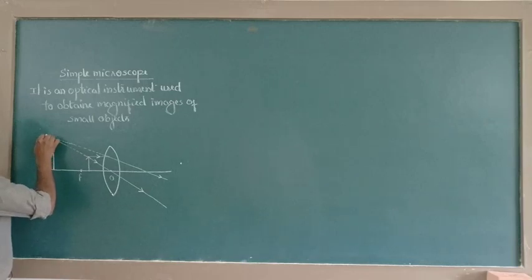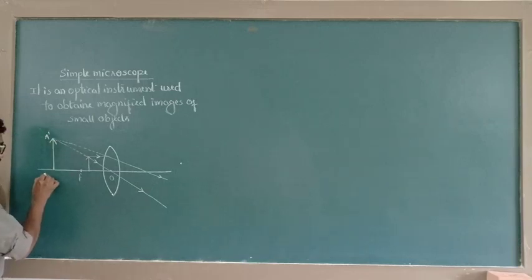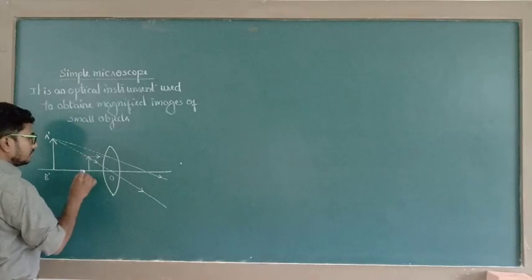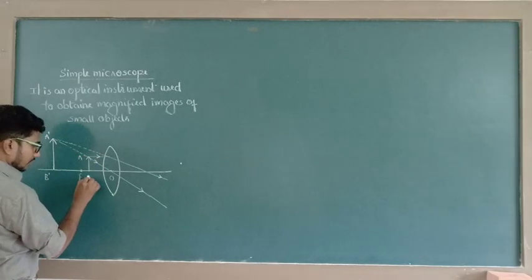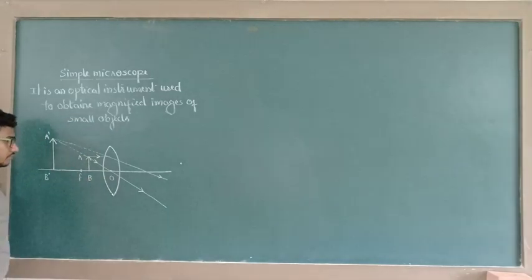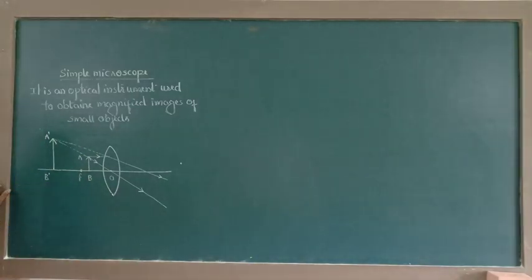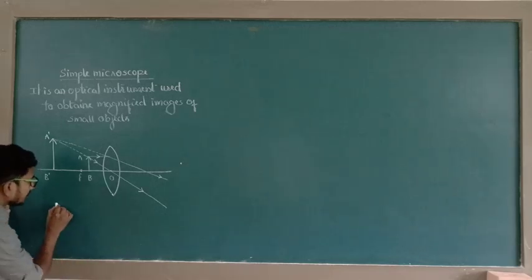Let us say A dash B dash is the image, and AB is the object. So here I am going to consider that this image lies at the least distance of distinct vision.